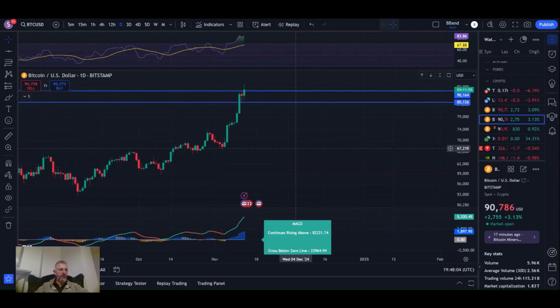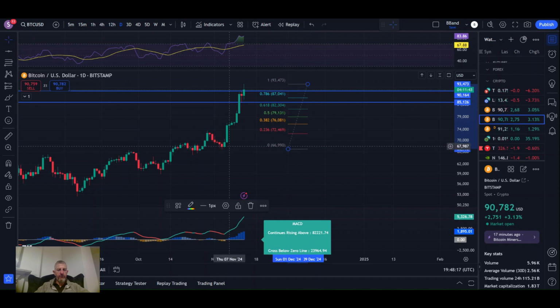And therefore, let's just say that Bitcoin has hit its top for now, and then you take this impulsive move as the Fibonacci retracement. You can see pullbacks down to, I've done it the wrong way around, never mind, pullbacks down to about 60, anywhere between 60 and 67 would be fair game.